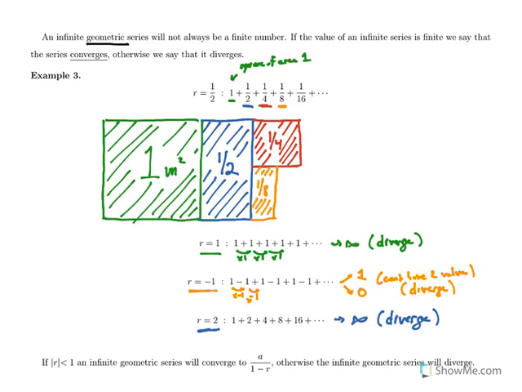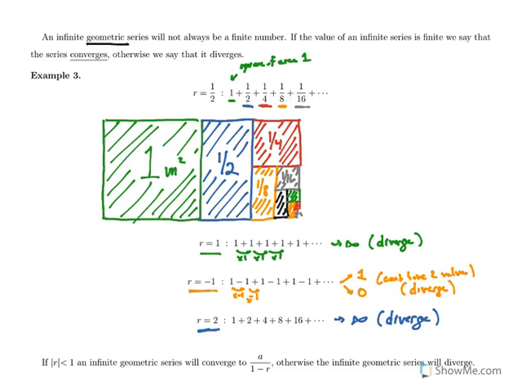And we're going to add that to our pile here. Now we're going to do a 1/16, which is just taking that, dividing by 2. And we're going to rinse and repeat. So we're going to have a 1/32 there. And a 1/64. And a 1/128. And a 1/256. And a 1/512. And we're going to keep on going.